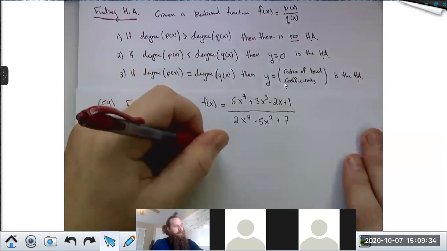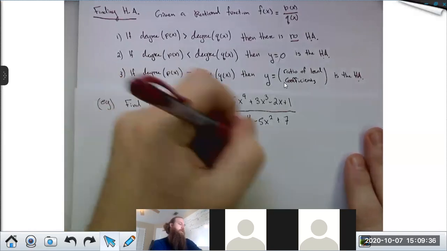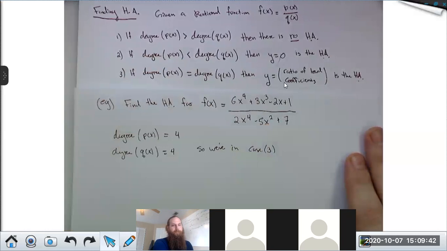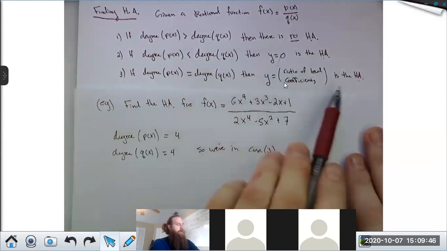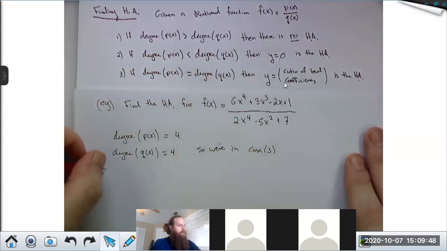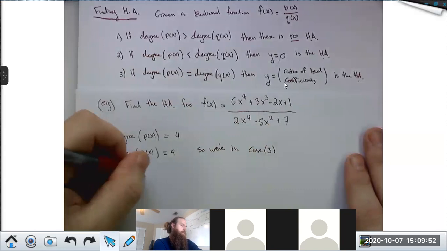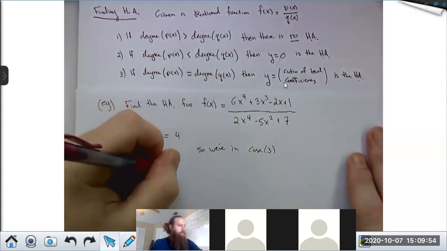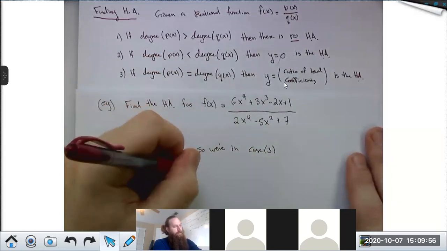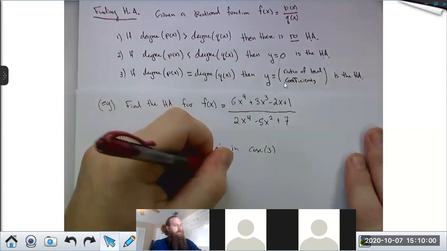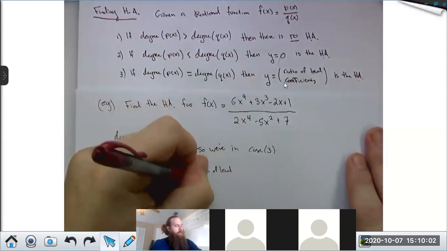So we're in the third case, where the degrees match. That means that the horizontal asymptote is y equals the ratio of lead coefficients.